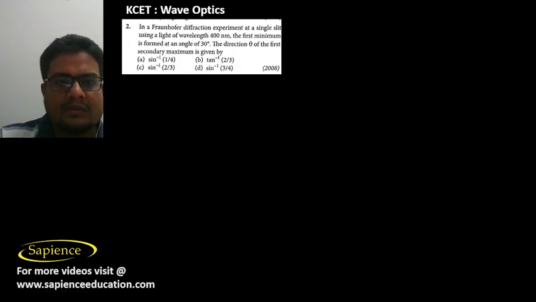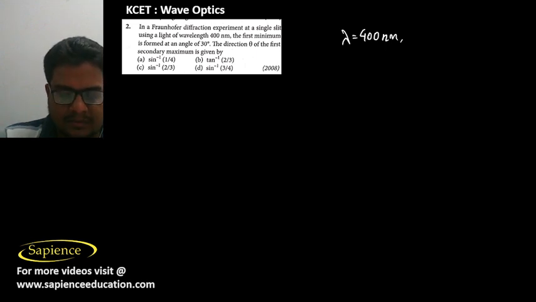In a Fraunhofer diffraction experiment at a single slit using light of wavelength 400 nanometer, the first minimum is formed at an angle of 30 degrees. The direction theta of the first secondary maximum is given by?